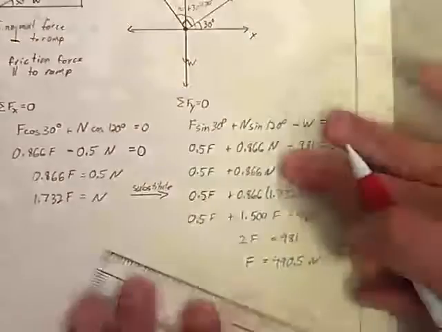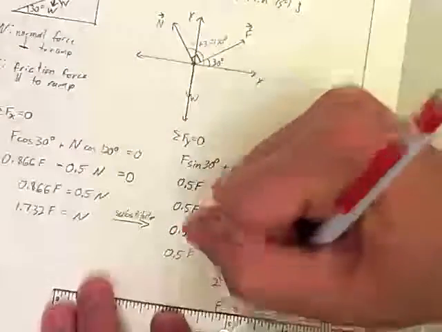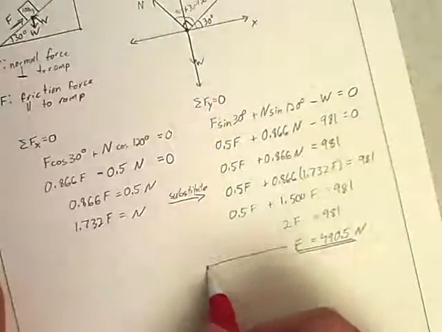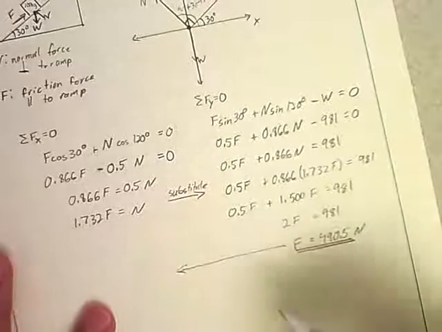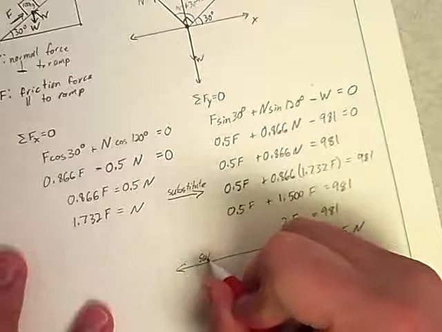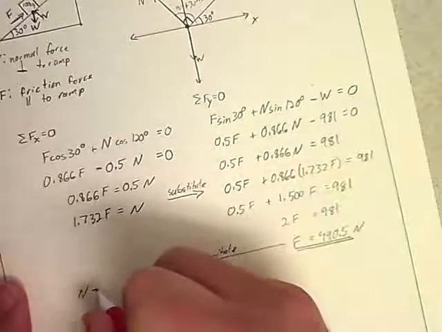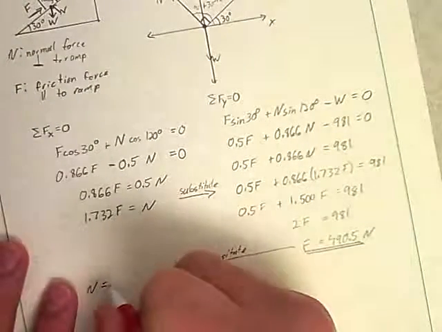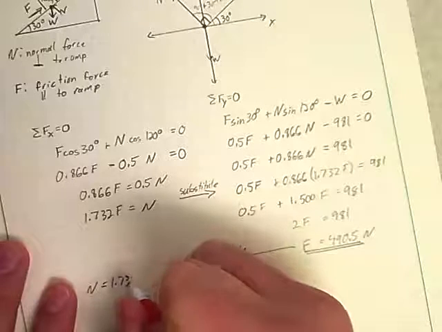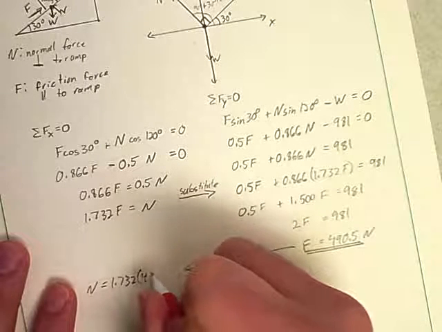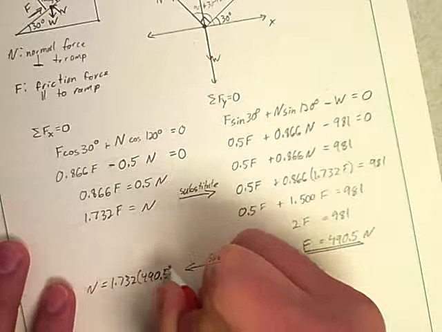So that gives me one of them. And then I can bring this back this way. I know that N has to equal 1.732 times 490.5.